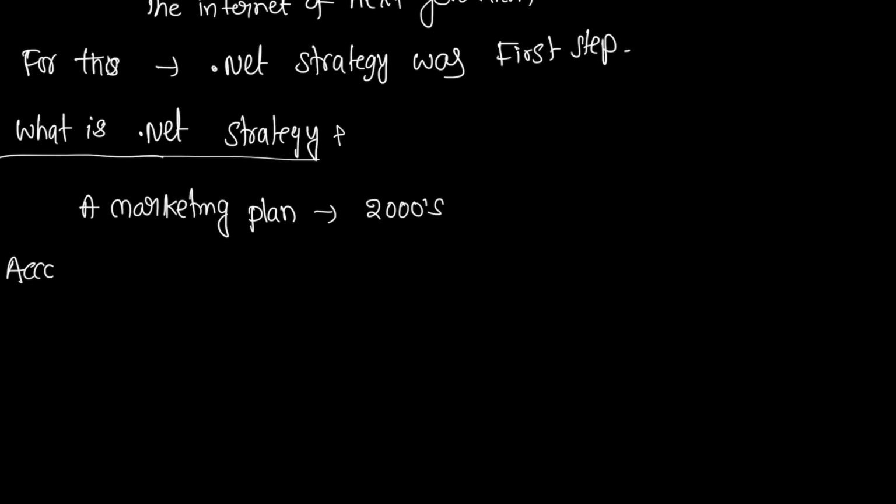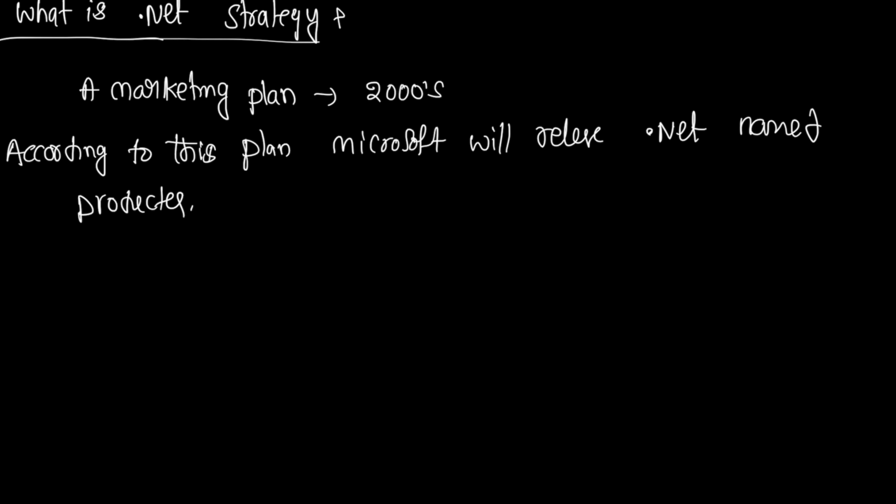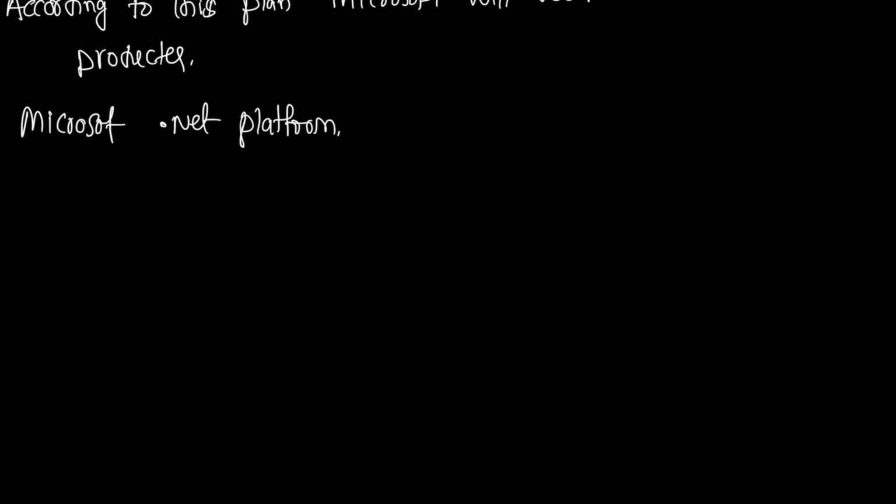According to this strategy, Microsoft released .NET named products and services. This initiative is called the Microsoft .NET platform, which is the first step of the .NET strategy.